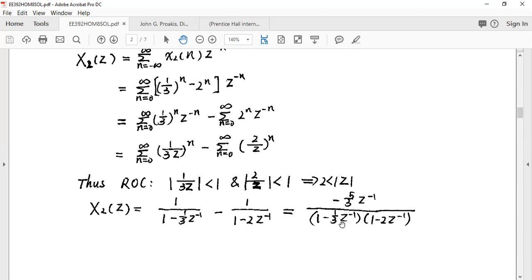One term says z is greater than 1/3, the other says z is greater than 2. In this case, we cannot have z less than 2, while for the other we can have any value as long as it is greater than 1/3. So the region of convergence will be governed only by this term, because it tells me that z has to be greater than 2. That is why the overall region of convergence is just the absolute value of z greater than 2.